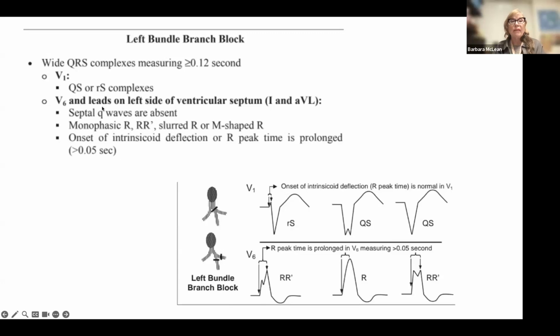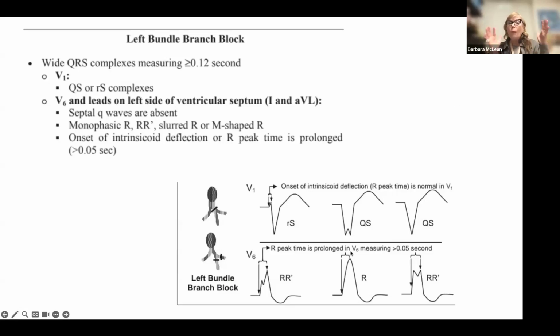So let's just take a quick look at that application here. In V1, you can see you have that wide deep S. You may have a QS, or you may just have a straight QS. And in your left-sided lead, that'll be V6, I might have an R prime, meaning two little R waves with a little notch, or just a wide deep R, a really wide tall R, or an equally notched R. So there's lots of configurations that can take place, but the key here is current is going to the left, it takes a lot of time, and my T wave and ST segment are actually discordant.